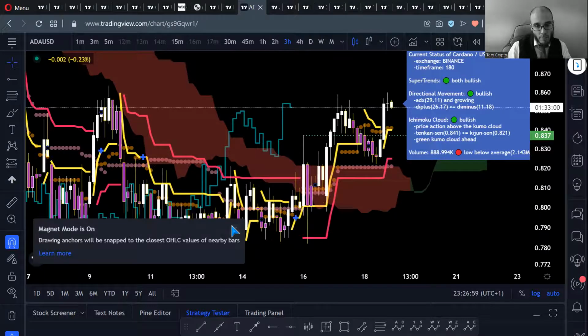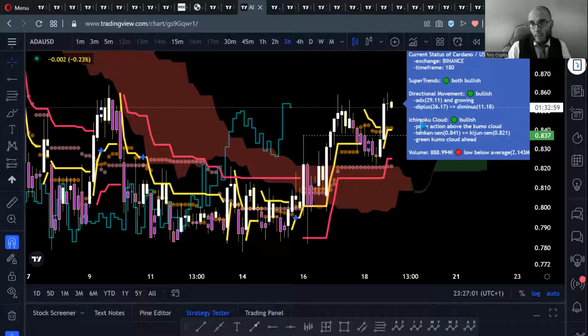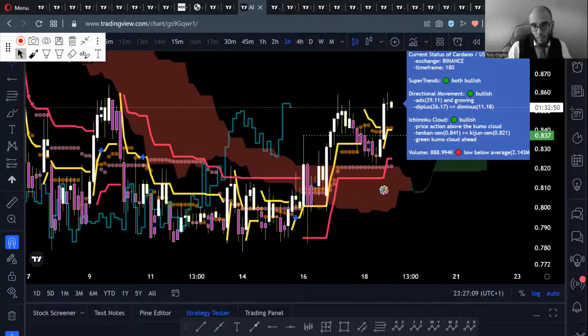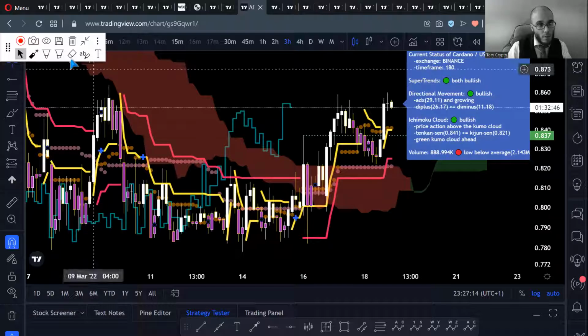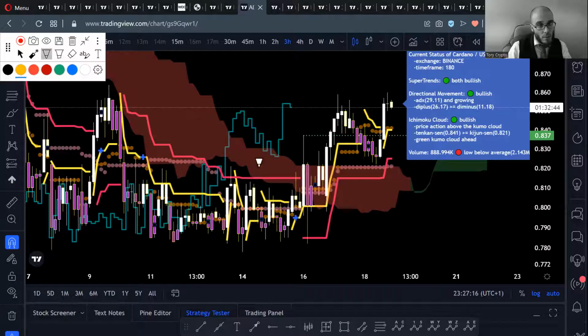So let me take my tool that I can draw on the chart. Here you had a breakout of the Kumo cloud because it closed above the Kumo cloud. And then you take the 9 candle high, which was this one.